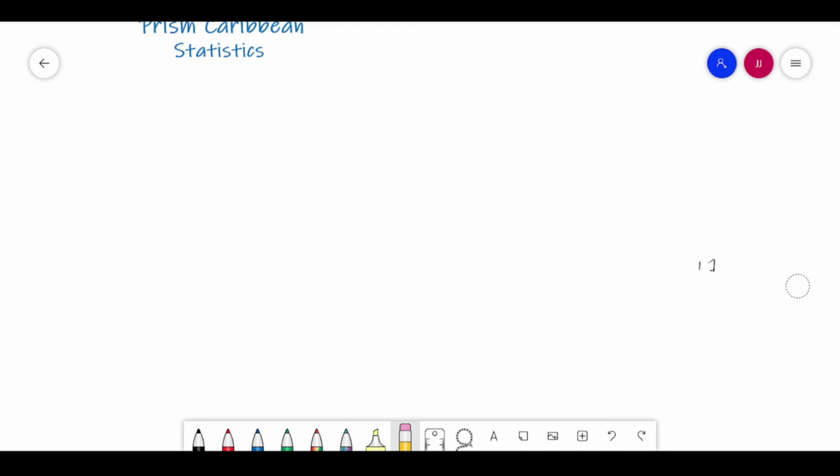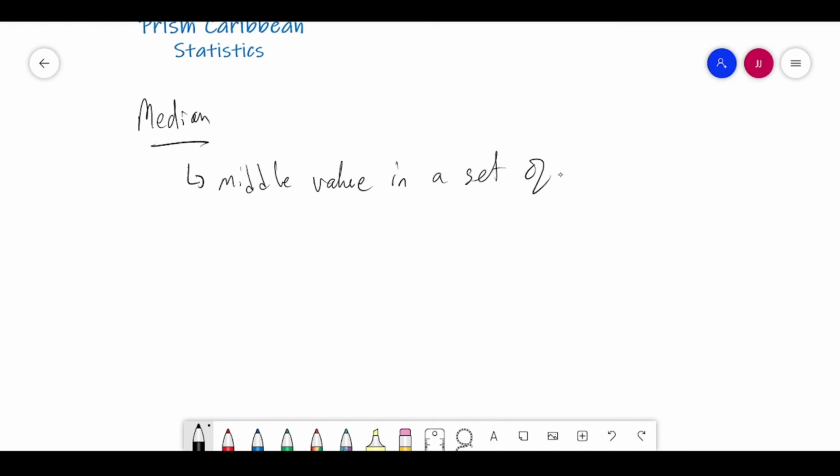Right, so the next topic we will be going on to will be the median. So the median is basically defined as the middle value in a set of ascending or descending observations, right?